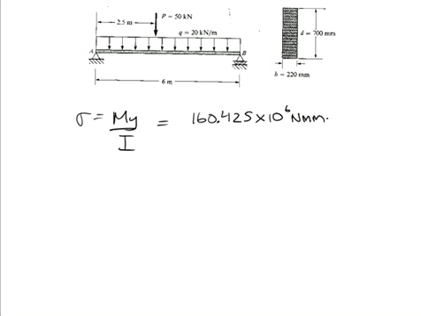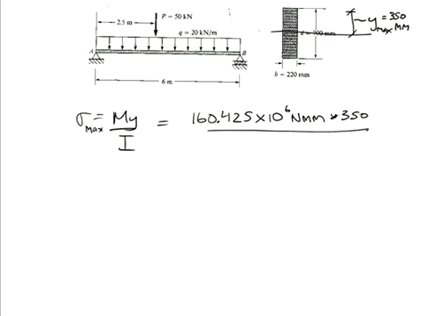So there's a 10 to 6 factor. My beam here is 700 deep. So what is Y max? Because in this formula here we want to know what stress max is. Well, that's equal to 350 millimetres. So multiply by 350 millimetres.